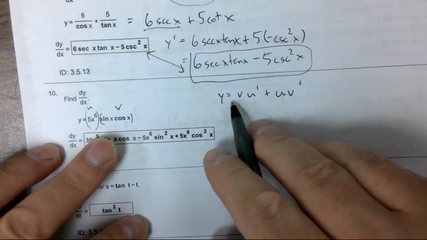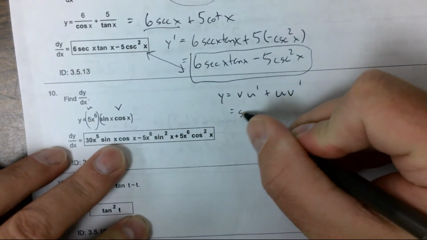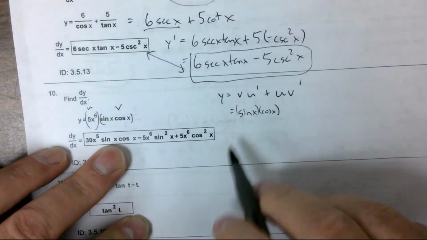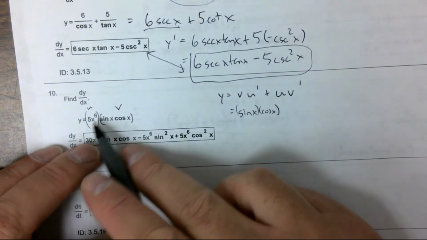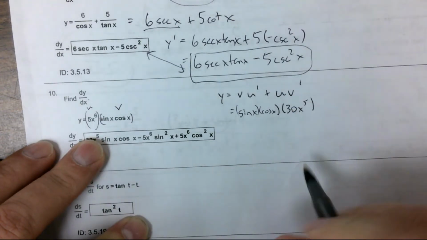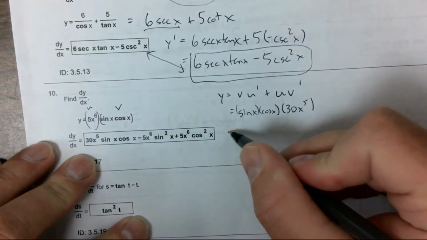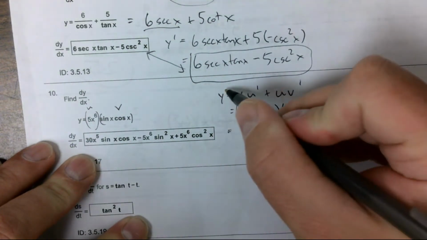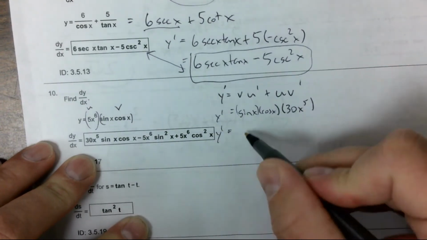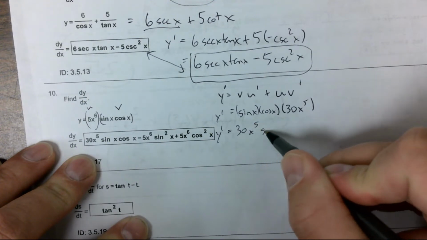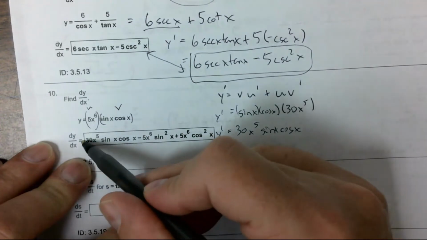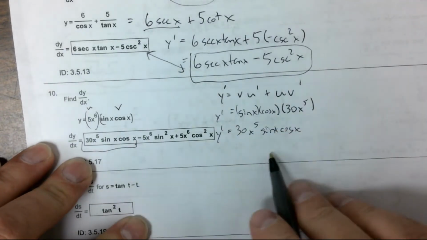So the v term is sine x cosine x. And then the derivative of u is 30x to the fifth. And so I'm going to go ahead and put that in front. This is y prime, not y. So y prime is 30x to the fifth sine x cosine x, which already matches the front. You know, we're already done with the first part.